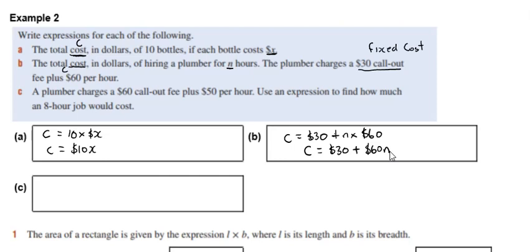Now, part C. A plumber charges a $60 call-out fee plus $50 per hour. Use an expression to find how much an 8-hour job would cost. Okay, so we're going to use C again. Guess we'll use N for the number of hours. So I'll have N for the number of hours.